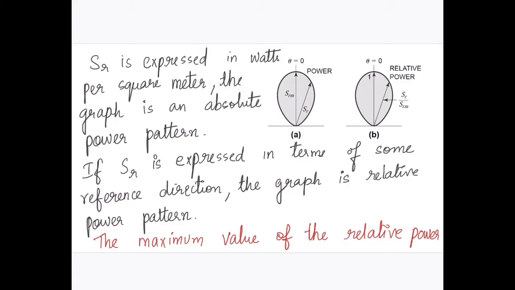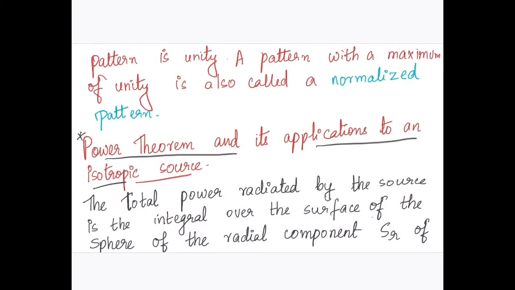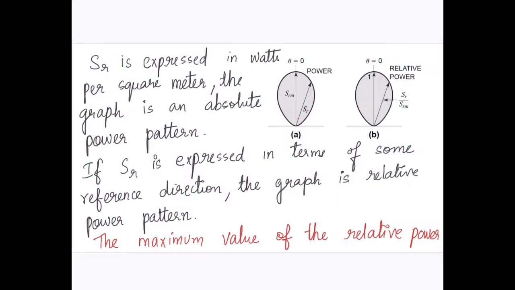Usually the reference direction is taken such that S_r is maximum. So S_r by S_rm gives the relative power, and if the maximum is unity, the pattern is known as the normalized pattern. The graphs are shown here for the relative power pattern and the absolute power pattern.